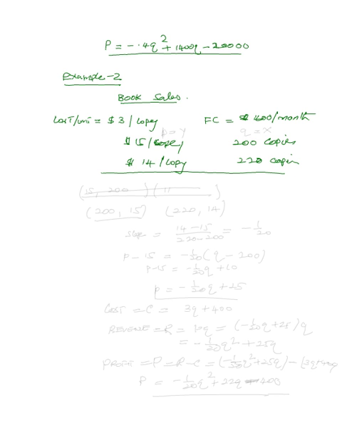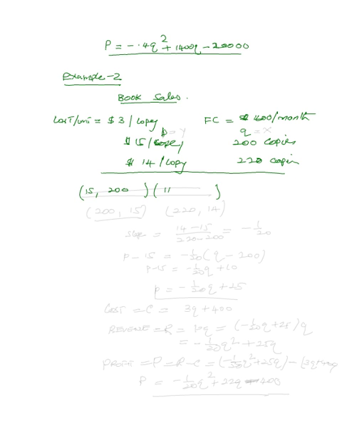Now let's talk first of all about two ordered pairs here. As we said, 200 and 220 are quantity, 15 and 14 are price. So if you make two ordered pairs, price and quantity, so $15 price, 200 units, and $14.